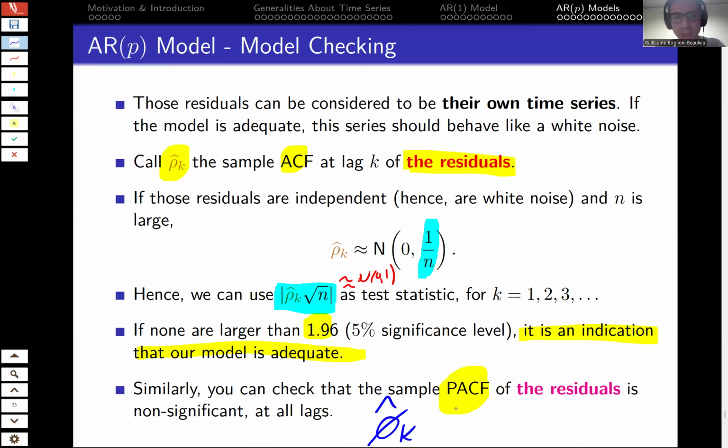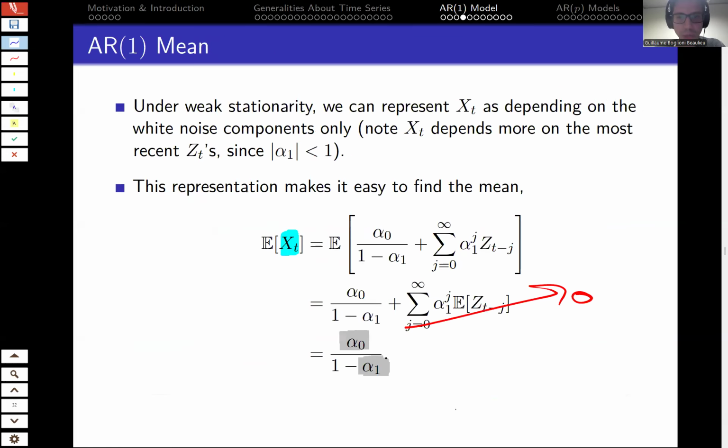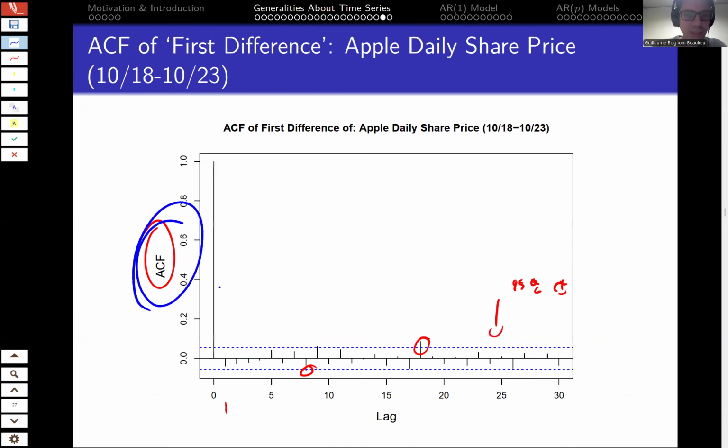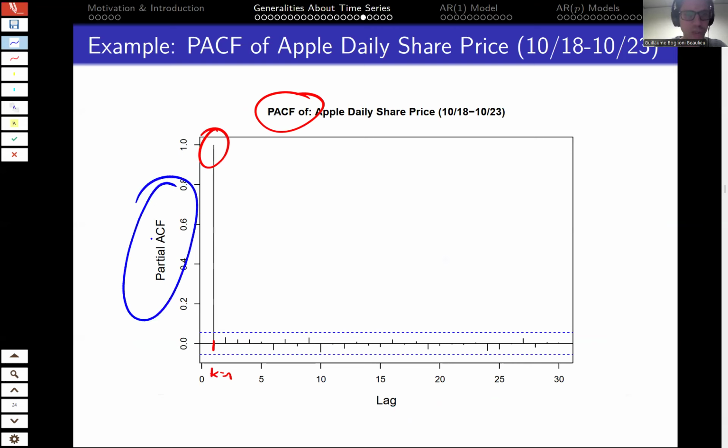And again, in R, this is extremely easy because when you plot either your autocorrelation or your partial autocorrelation, in this case the autocorrelation, they always give you this little line, which is exactly the confidence interval that is presented in the slide. So if you see that they really seem to all be, or almost all be, between those bands, then you don't have any significance. Okay, and same thing for the partial autocorrelation.